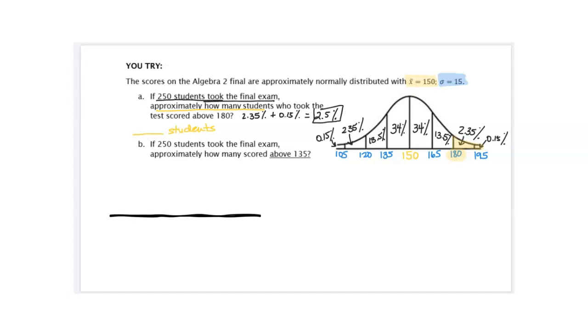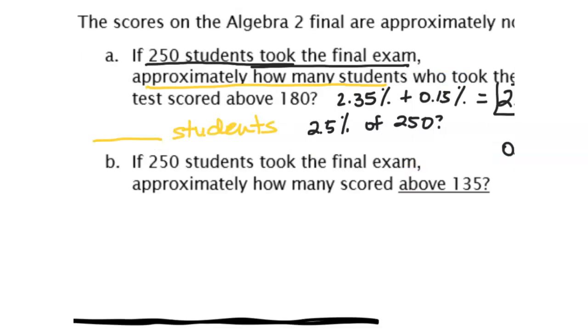But we have to go further. They want to know how many students this is. So what is 2.5% of 250? In order to do it, we need to change 2.5% into a decimal.